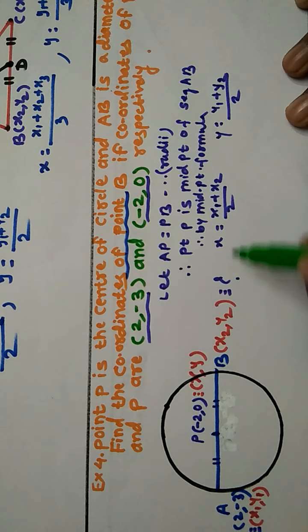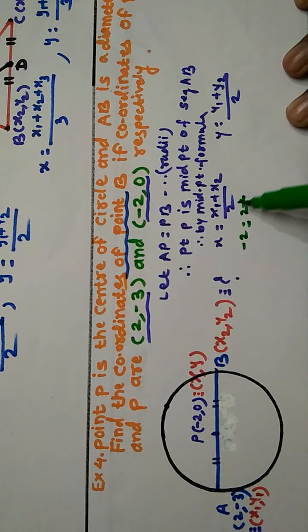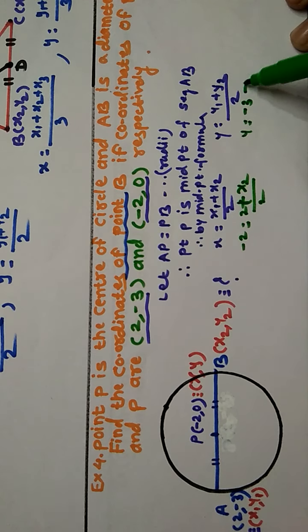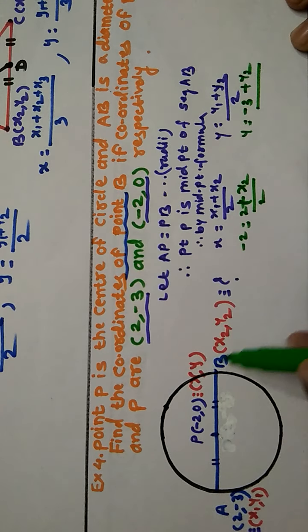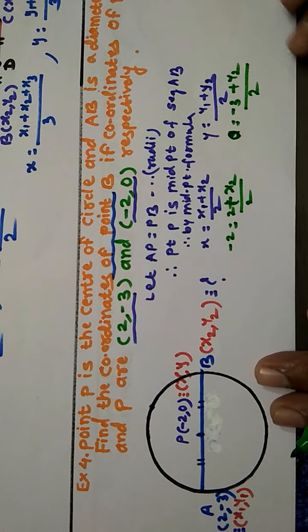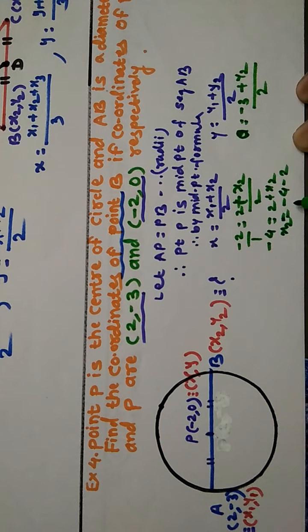Substitute the values of x. x means -2, x1 means 2, plus x2, which we want to find, divided by 2. Here y is equal to y1 means -3, plus y2, which we want to find, y means 0, divided by 2. Now taking cross multiplication, we get -2 into 2 is -4, equal to 2 plus x2, means x2 is equal to -4 minus 2, means we get -6.